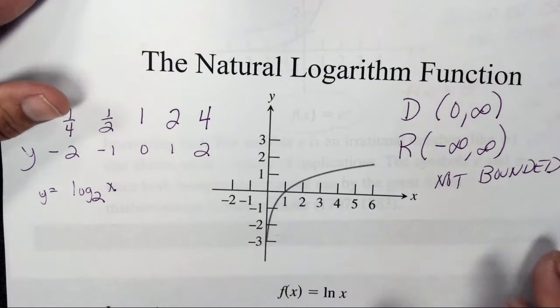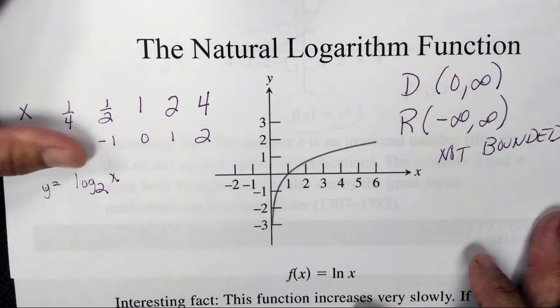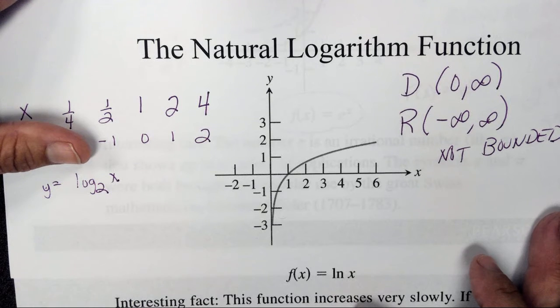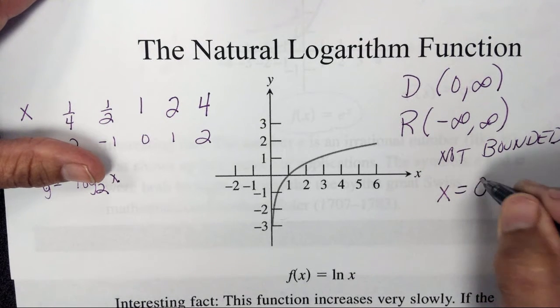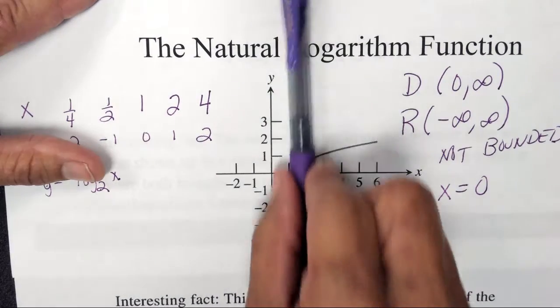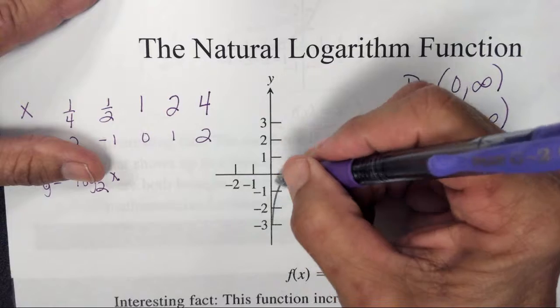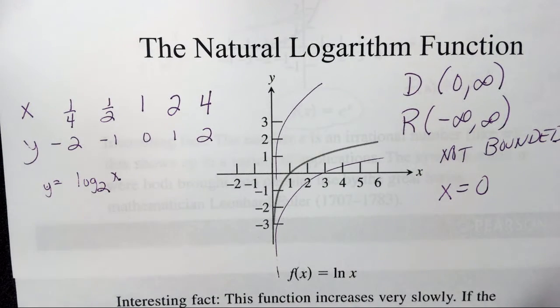Odd, even, or neither? Neither. Okay. Who's going to affect this? This time it's a vertical asymptote, so what's going to affect that? Moving it left and right or moving it up? So as long as I move this thing up and down, does it still stay to the right of 0?